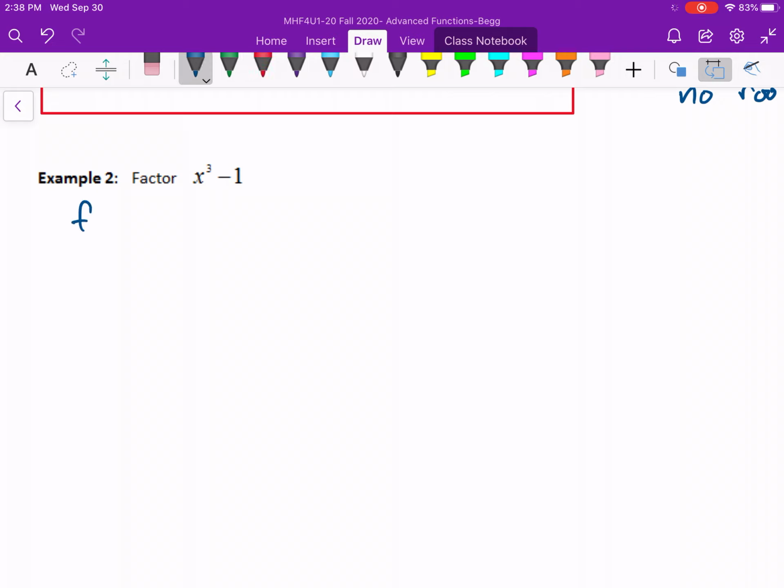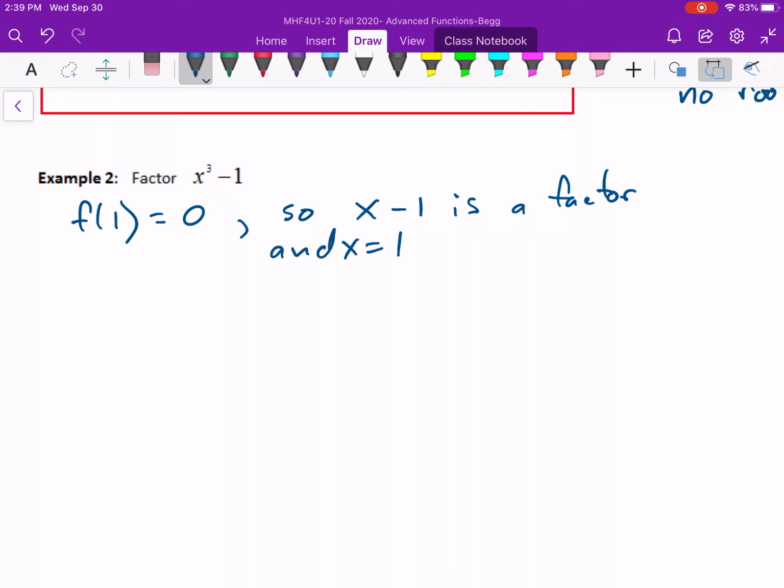Obviously, I hope, if I put 1 in, then that's going to work because 1 cubed is 1 and 1 minus 1 is 0. So we know x minus 1 is a factor, and we can substitute x equals 1 in to use synthetic division.